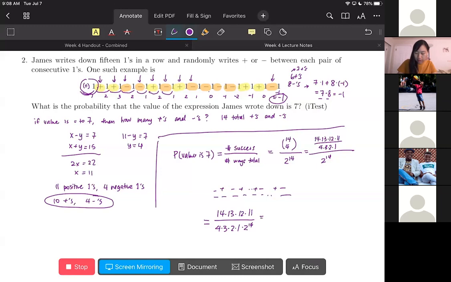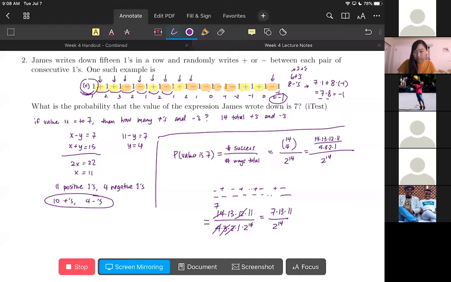Then we can simplify this. For example, 4 and 3 cancel with 12, and 2 cancels with 14, leaving 7. So this gives us 7 times 13 times 11 over 2 to the 14, which I'm not necessarily going to expand out. I'll write it like this.